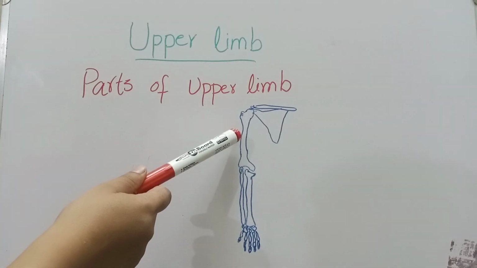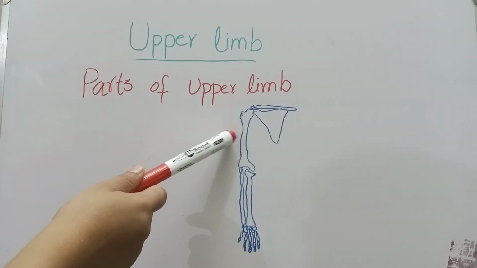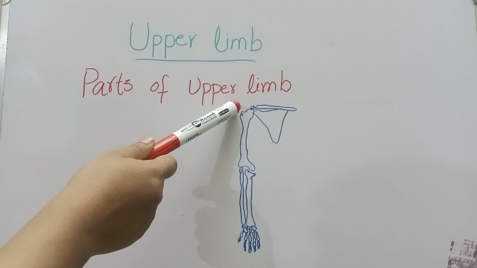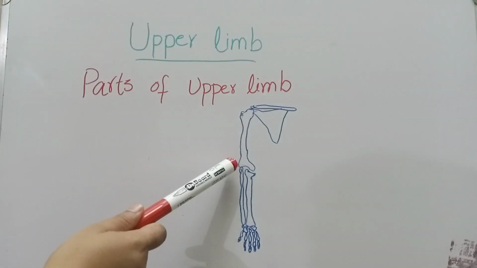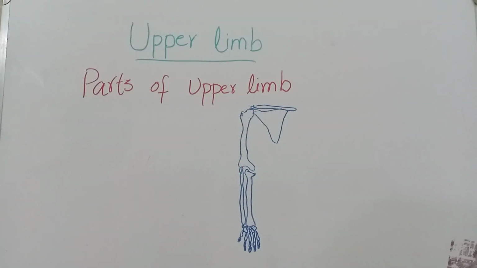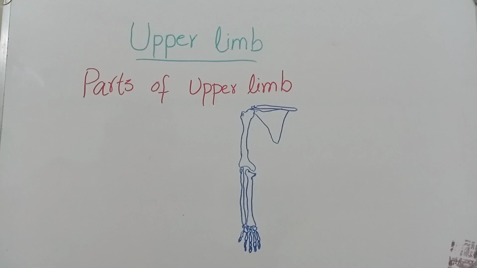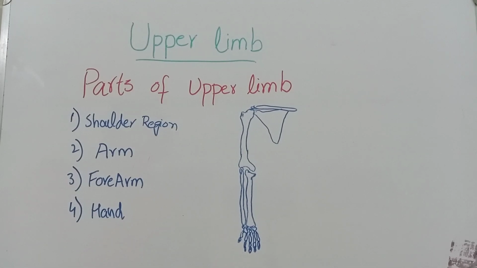In contrast, in the lower limb, the leg is from the knee joint to the ankle joint. So the upper limb has four parts for study purposes: the shoulder region, arm, forearm, and hand.